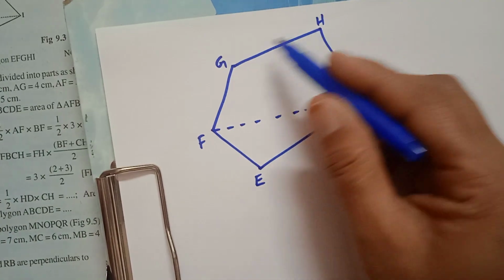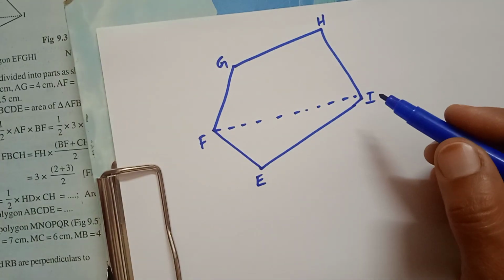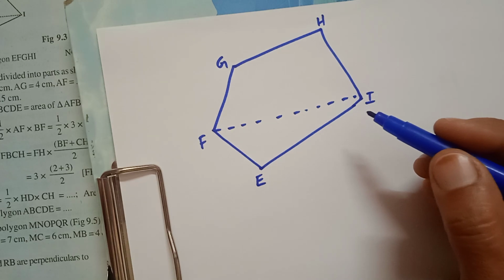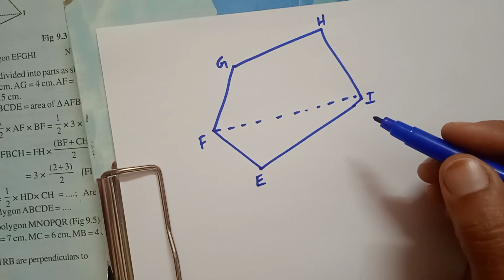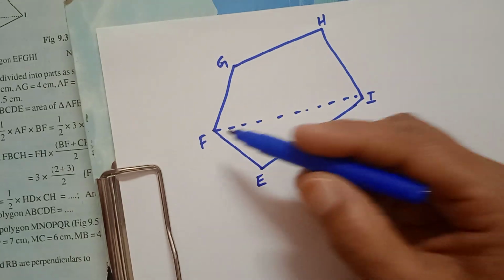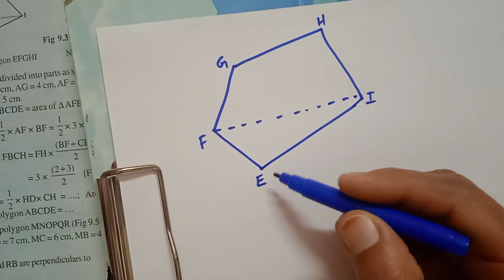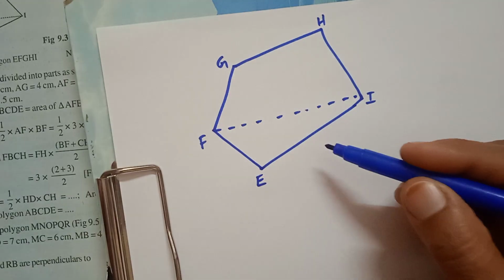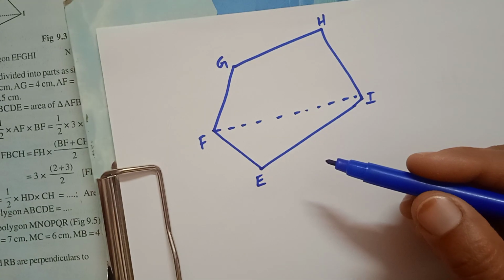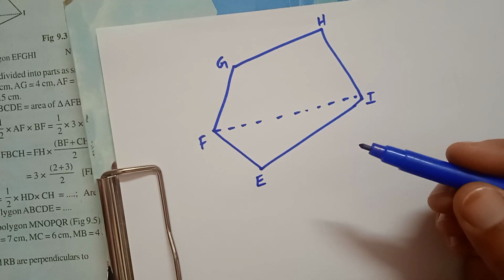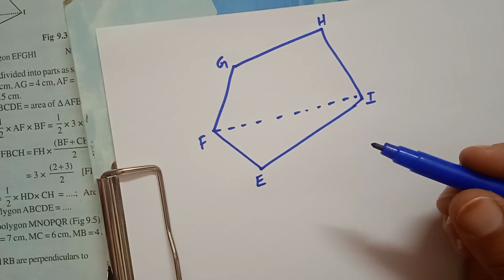You have to find the area of this polygon or this pentagon. Why am I calling this a pentagon? Because it has 5 sides: EF, FG, GH, HI, IE. 1, 2, 3, 4, 5 sides. Therefore, it is a polygon of 5 sides. You can also call it a pentagon.